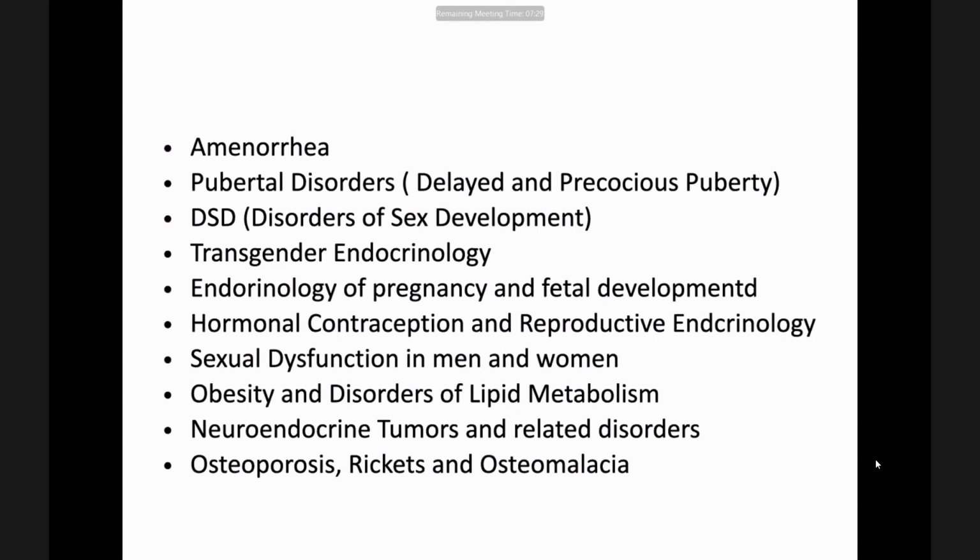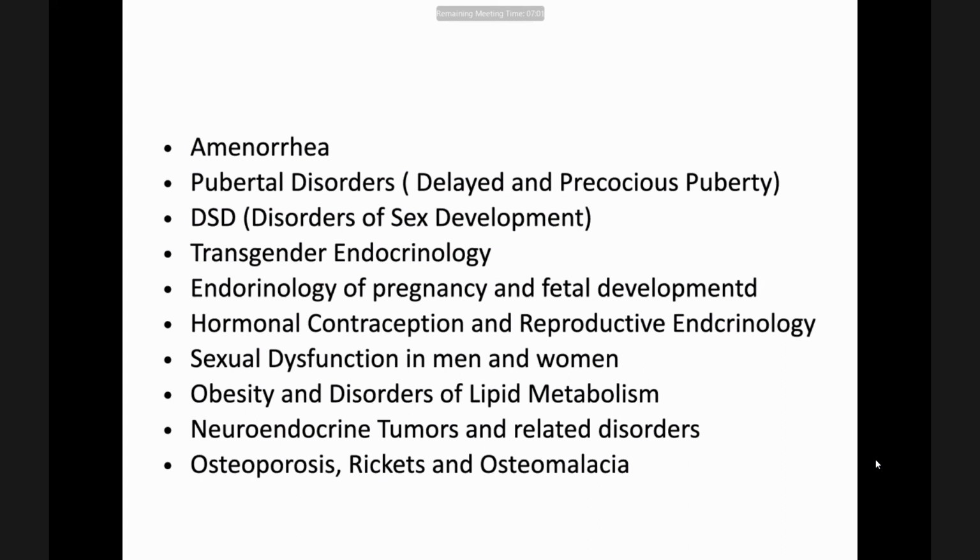And there are other diseases which I may not be talking about at the end. You do not need them that much, but just to know about the topics of endocrinology. One is we talk about the amenorrheas, pubertal disorders, that is delayed and precocious puberty, disorders of sex development, male looking like female or female looking like male, or if male and female sex cannot be differentiated, we call it disorders of sex development.